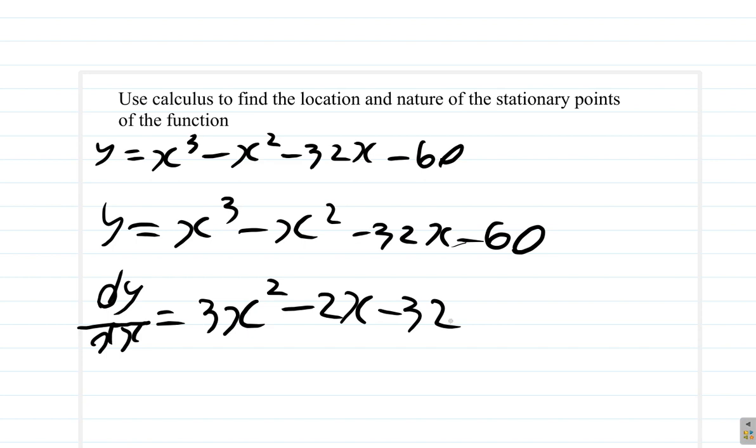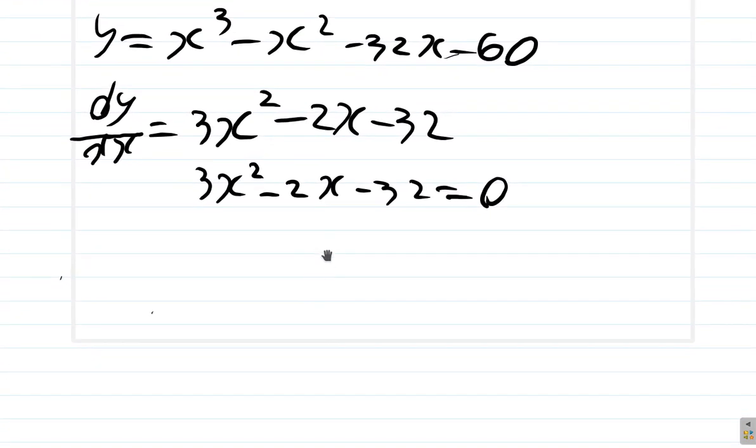We want to know where it is equal to 0. So we say 3x squared minus 2x minus 32 equals 0. So the gradient function is quadratic. Let's see something here now. This is a quadratic equation. What we can do is solve it, right?